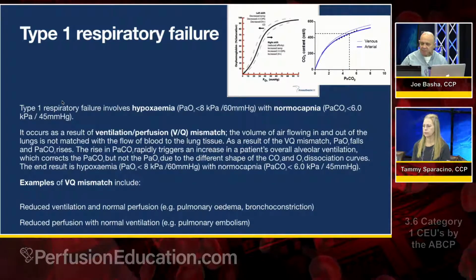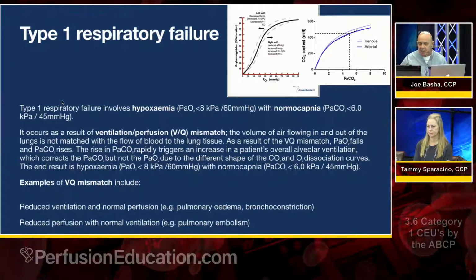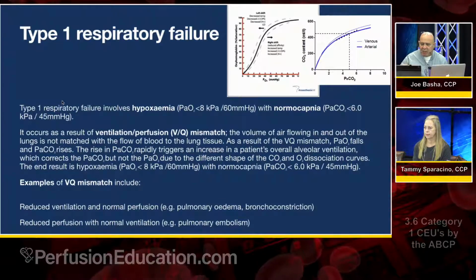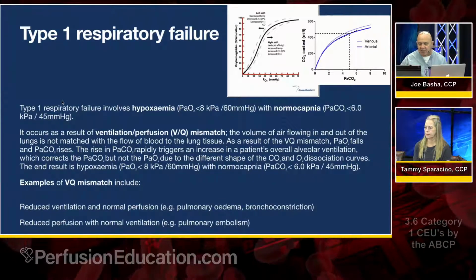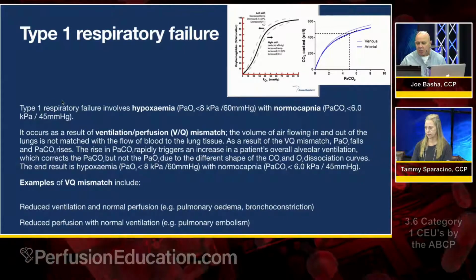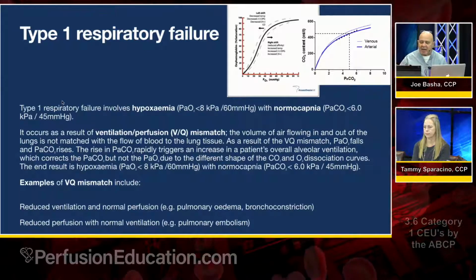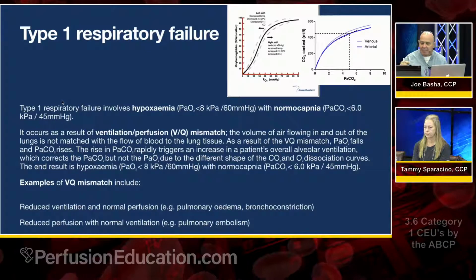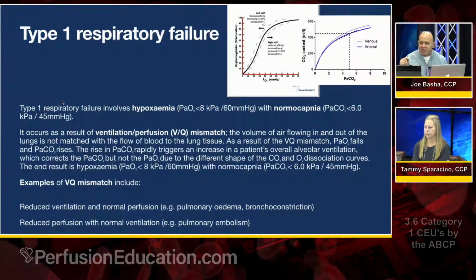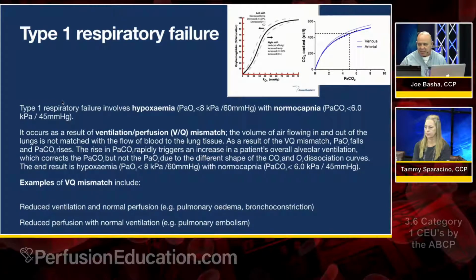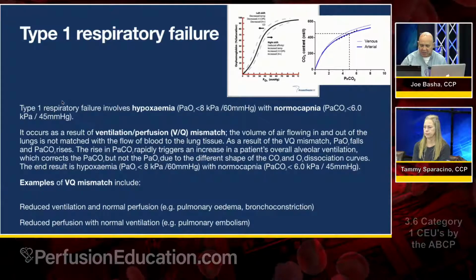As a result of the VQ mismatch, the PO2 falls and the PCO2 rises. The rise in PCO2 rapidly triggers an increase in a patient's overall alveolar ventilation. They start hyperventilating, which corrects the PCO2, but not the PaO2. This is due to the different shapes of the CO2 and O2 dissociation curves, which I just showed you up on the top.